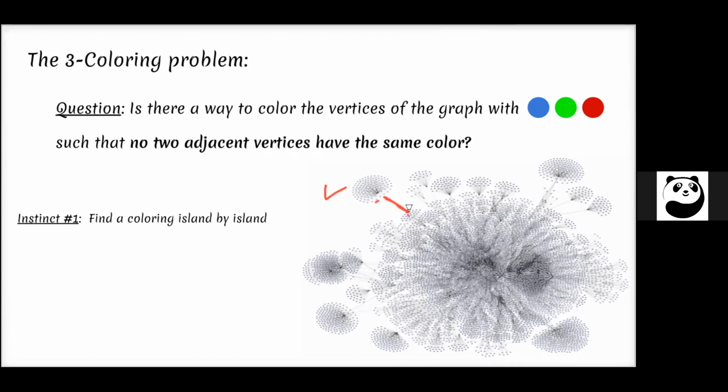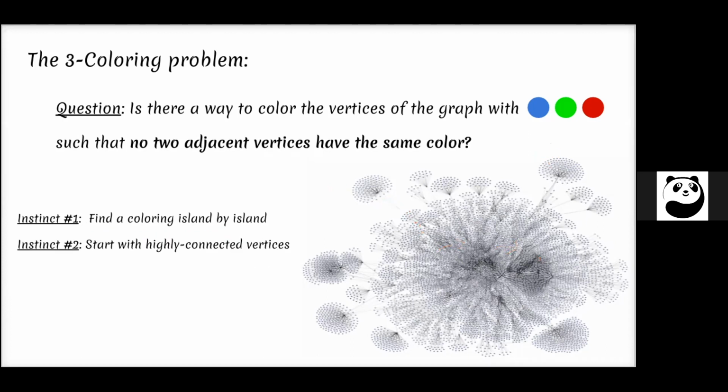But if you change this one, you have to change the other one, and then so on. So it's like it metastasizes, and it causes you to backtrack here, backtrack all the way to the beginning. There is no guarantee, basically, that this instinct will lead you to the absolute optimal solution.